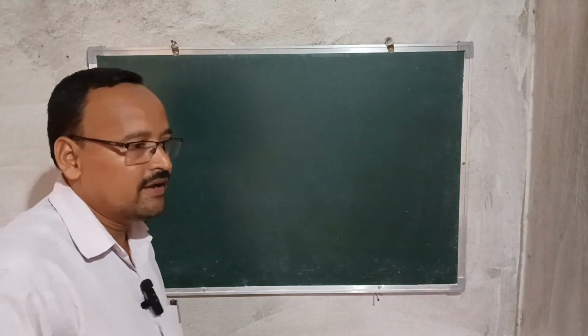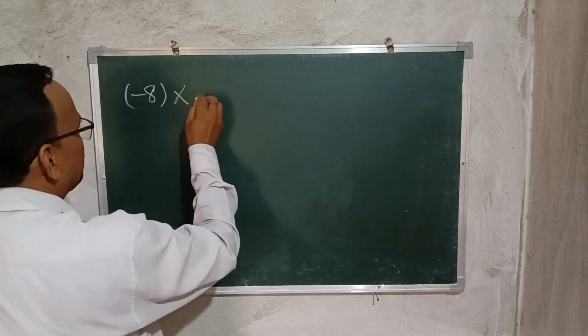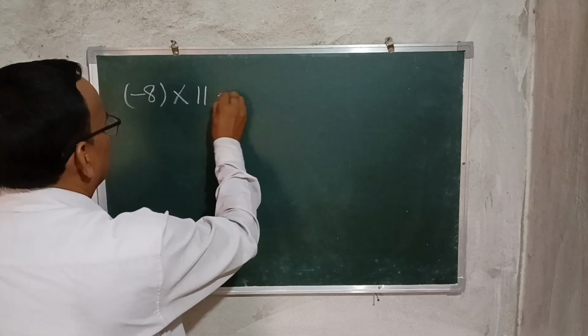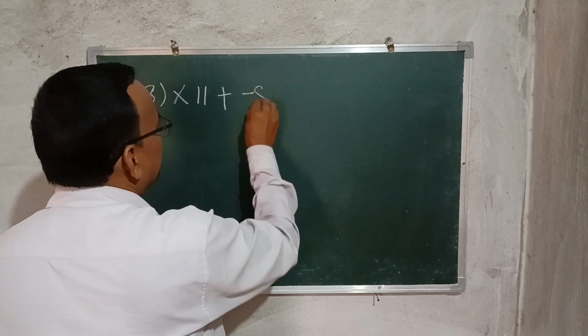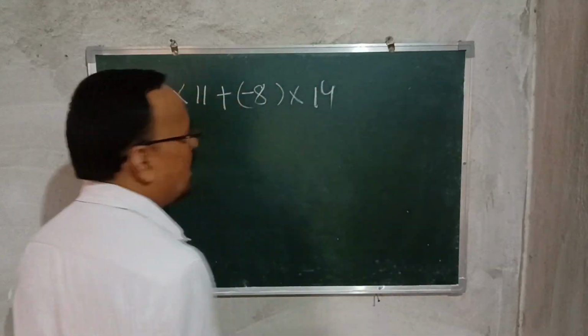Suppose a simplification is given: minus 8 into 11 plus minus 8 into 14. How to solve this?